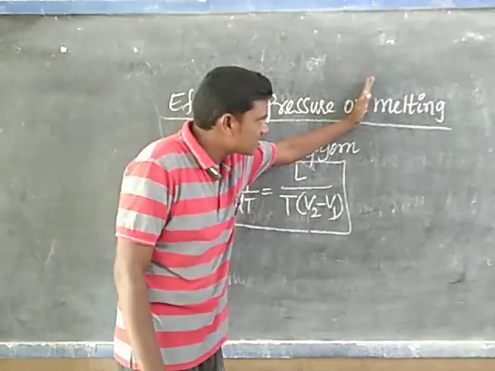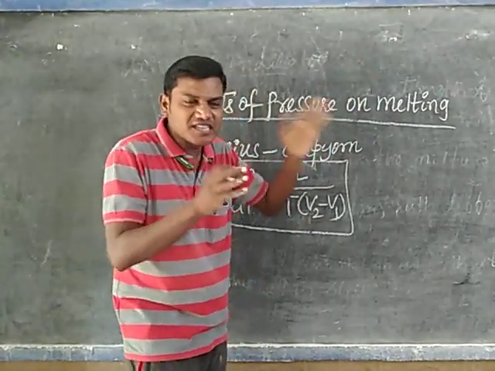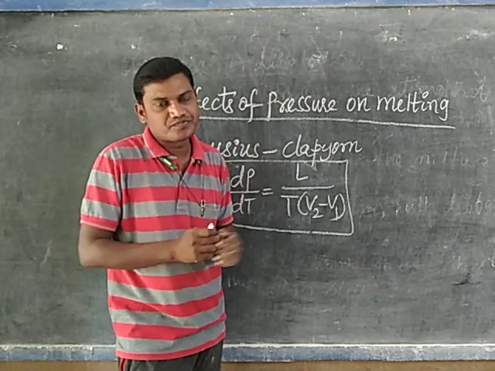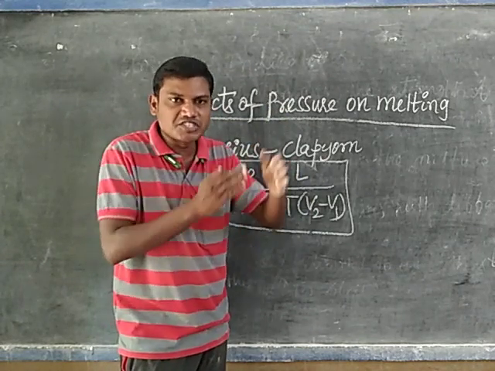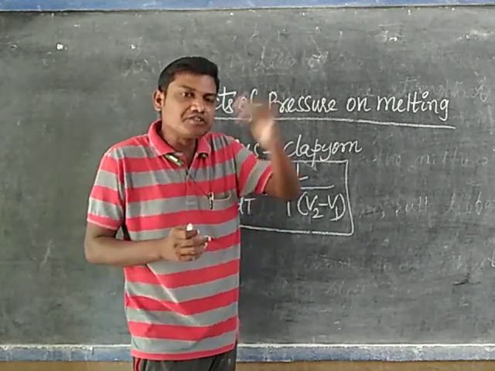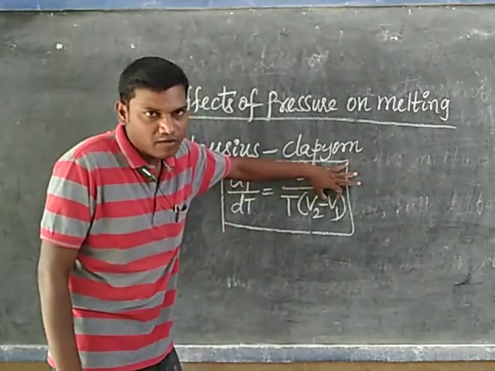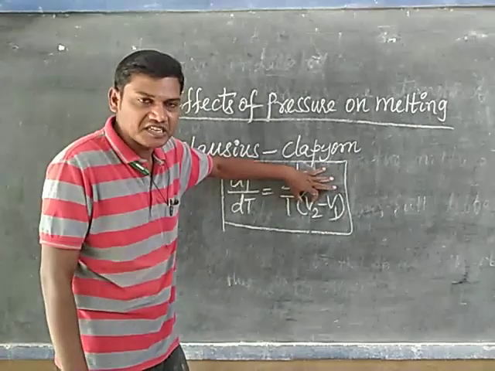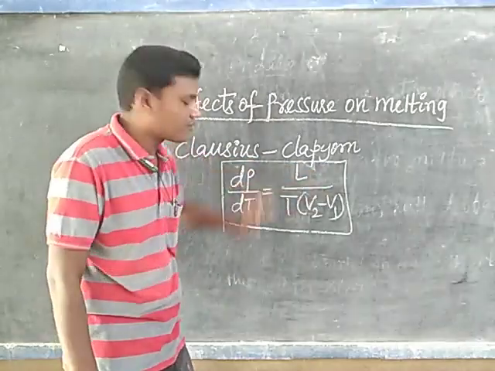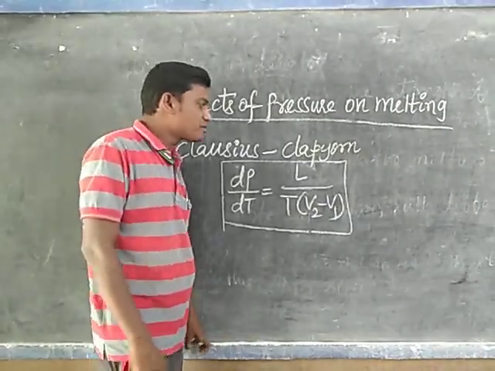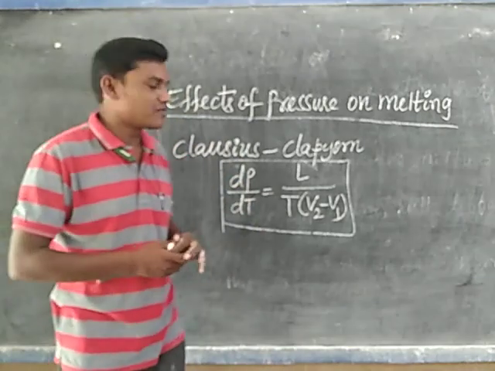Because in our concept, melting is the process of changing the solid state into the liquid state. That's why V1 represents the volume of the solid and V2 represents the volume of the liquid. But listen very carefully.